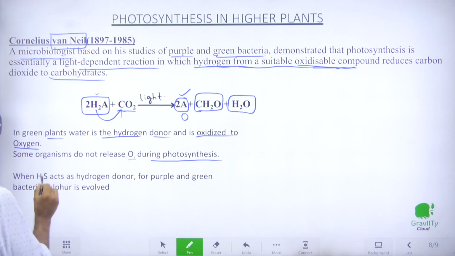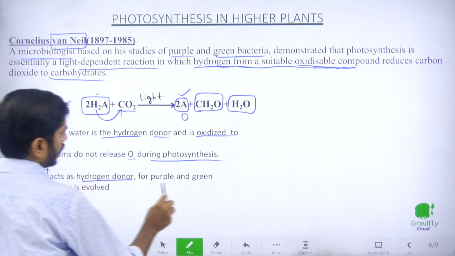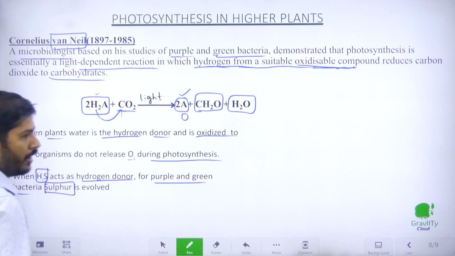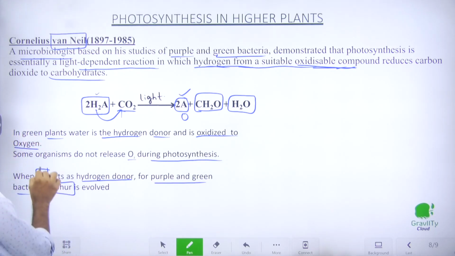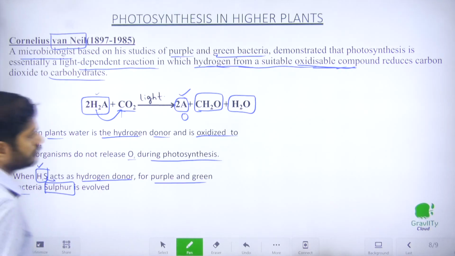Now look here: when H2S, hydrogen sulfide, acts as a hydrogen donor for purple and green bacteria, sulfur is evolved. For photosynthesis hydrogen is needed, so sulfur is released. How will oxygen be released then, understand?